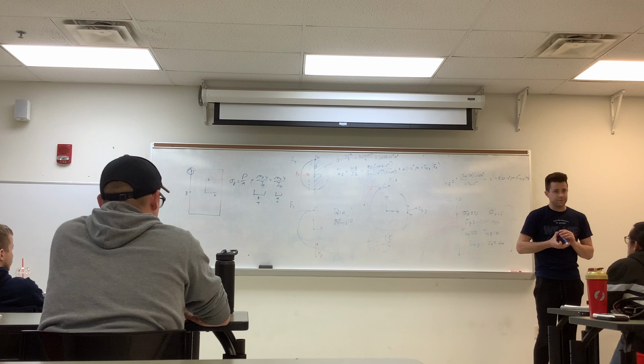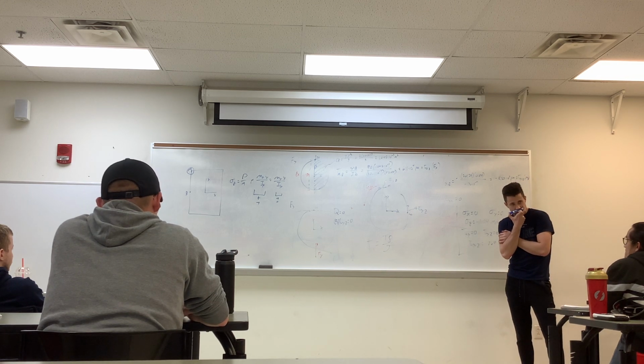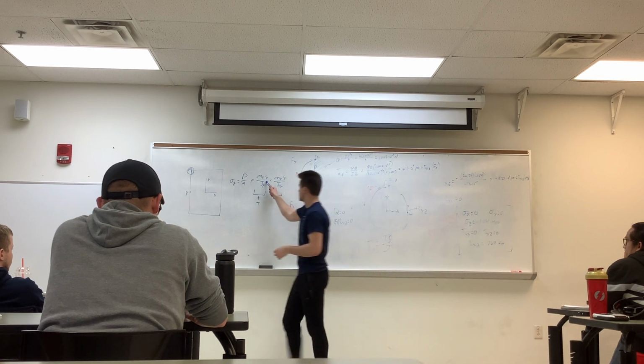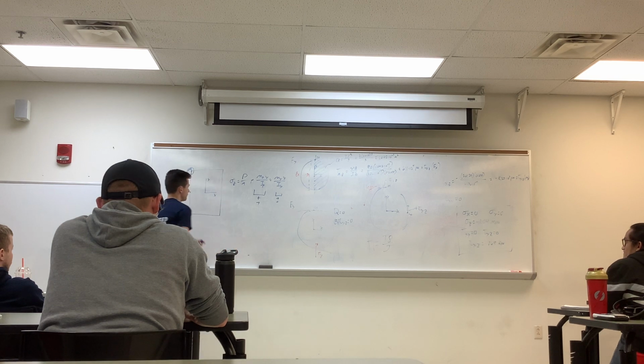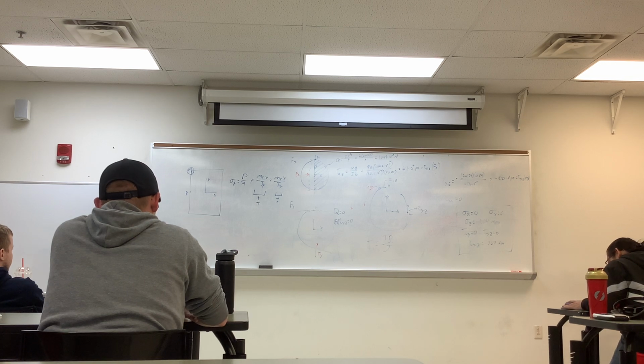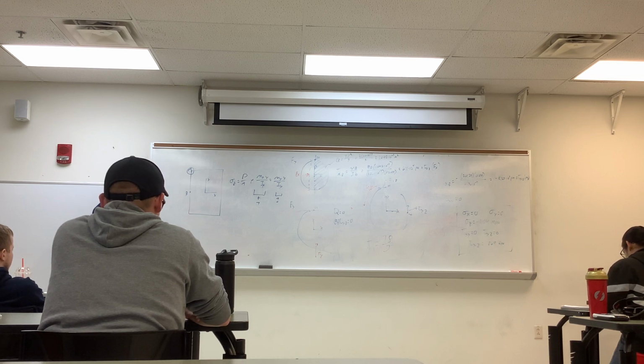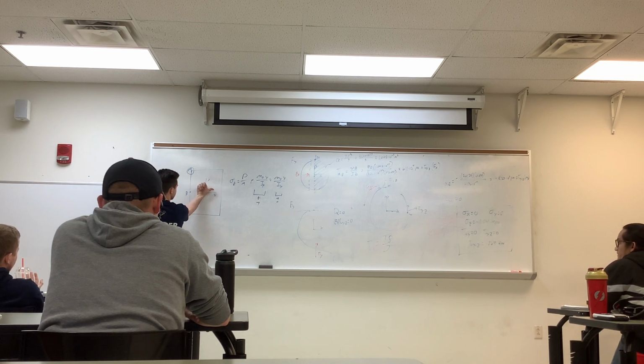Oh wait, so I understand why the moment for My is positive, but why is Mx positive too? Oh wait, I'm confused. At point A, it'll be in tension, so curling out of the page here, in tension is positive.